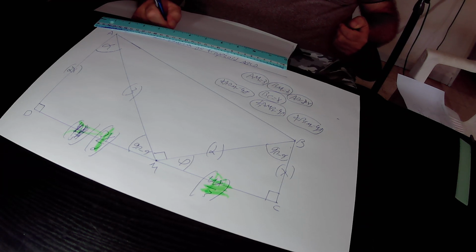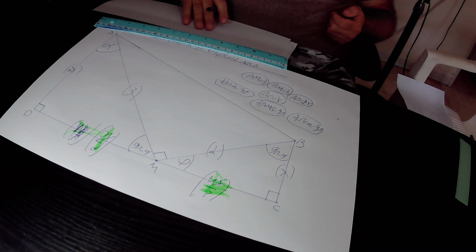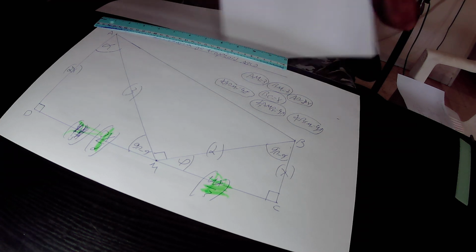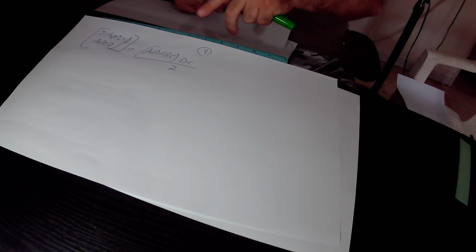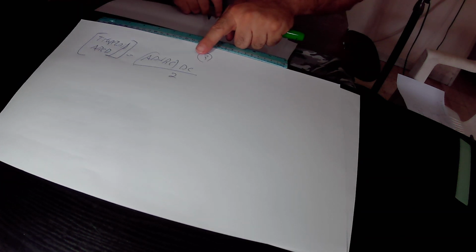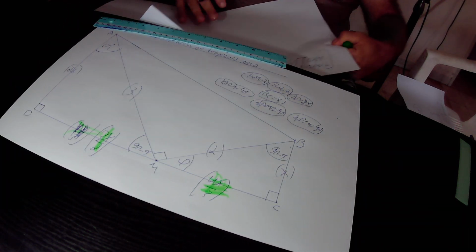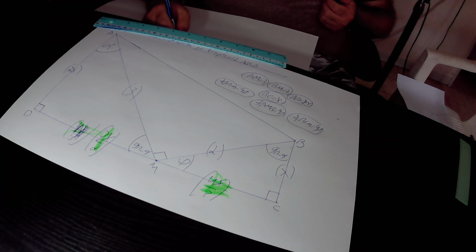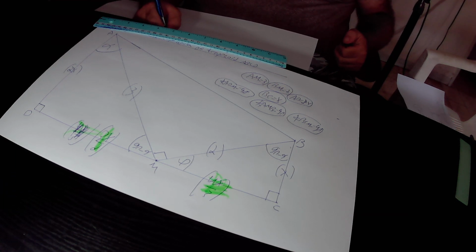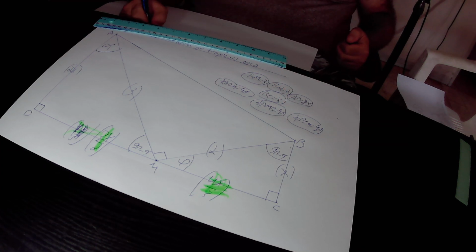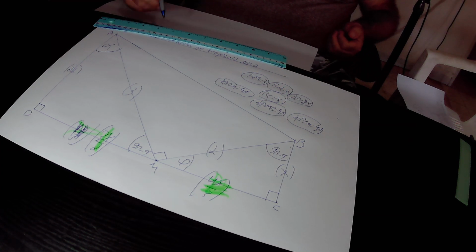So in total, we found that the area of this trapezoid ABCD is equal to AD plus BC, that is the sum of the two parallel bases, times the height DC, over 2. AD is 2x plus BC, BC is x, times the height DC.